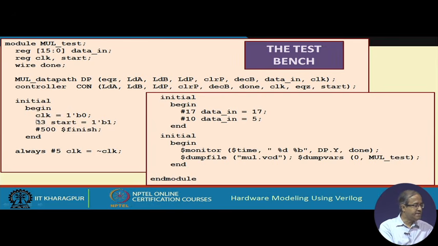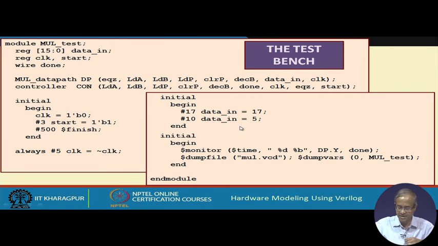And at time 3 we are setting start to 1, that means we are starting the multiplication here, and from the next clock it should start. We are repeating till time 500, where we finish. Now, in this initial block you see we are applying the data at time 17 and 5.